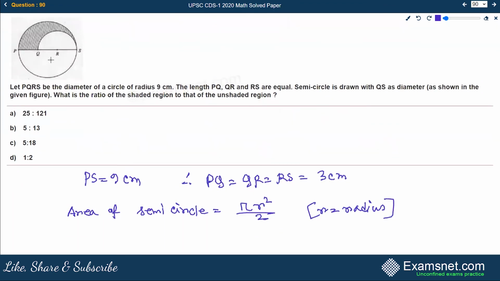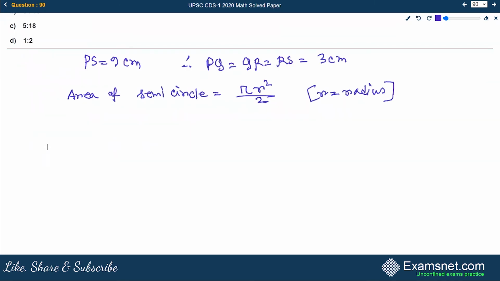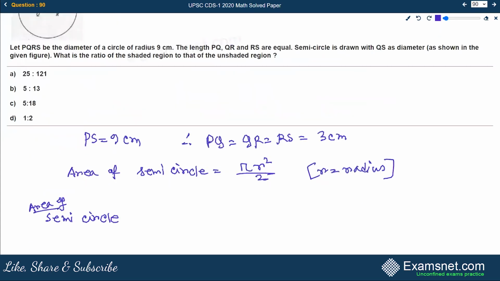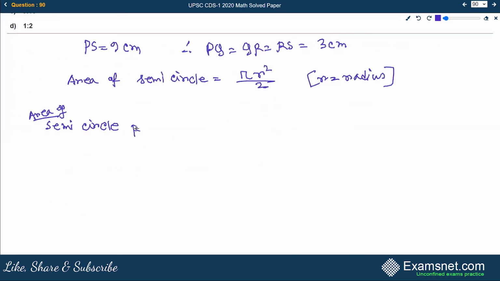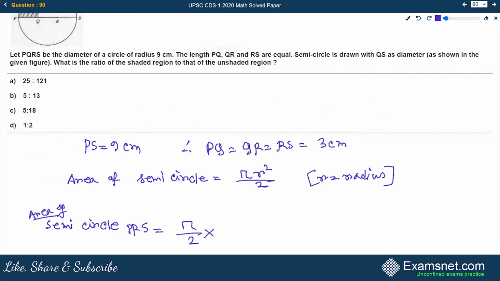So if I try to find the area of the semicircle PRS, the upper semicircle, it will become pi by 2 into r squared.